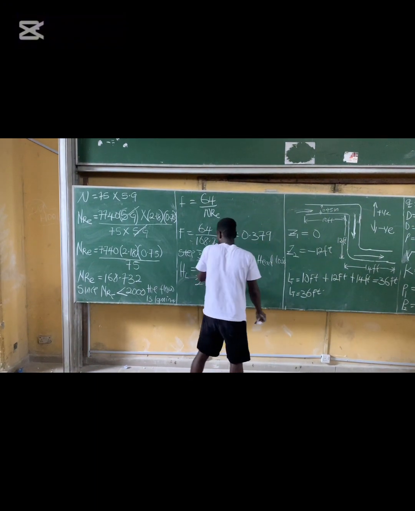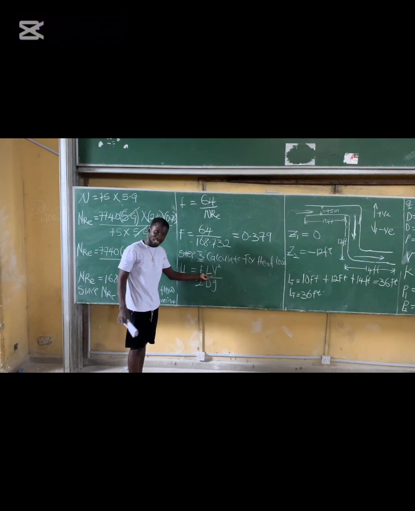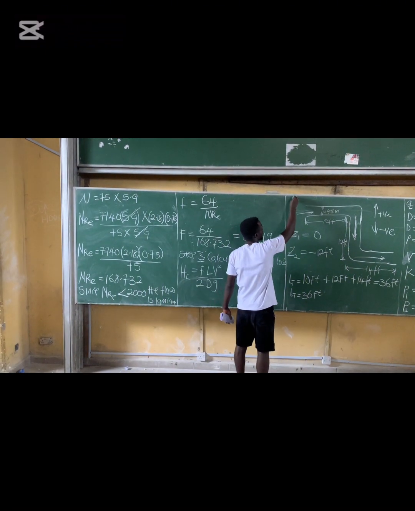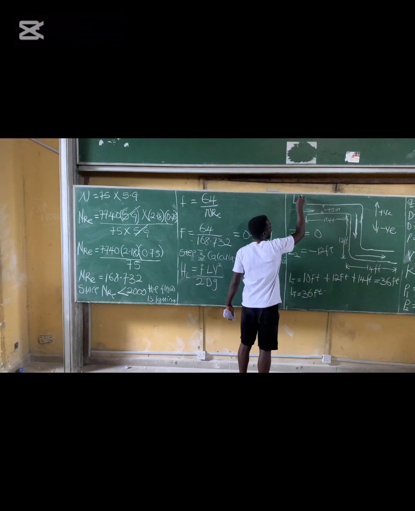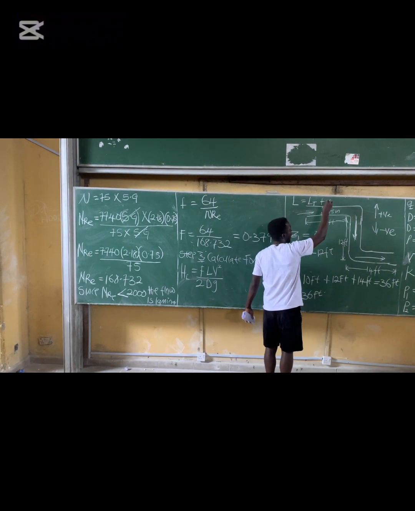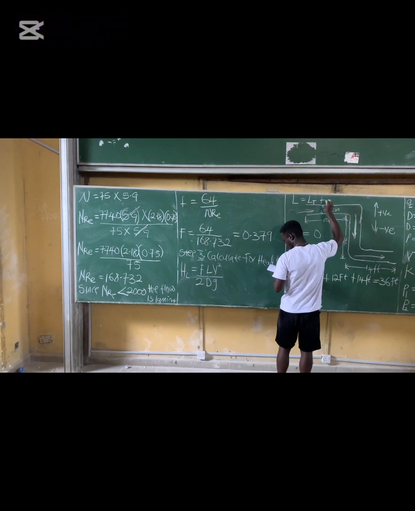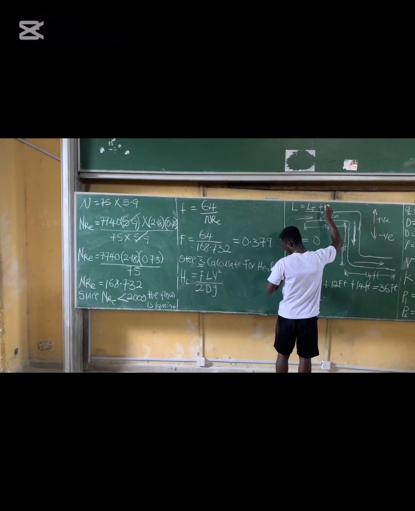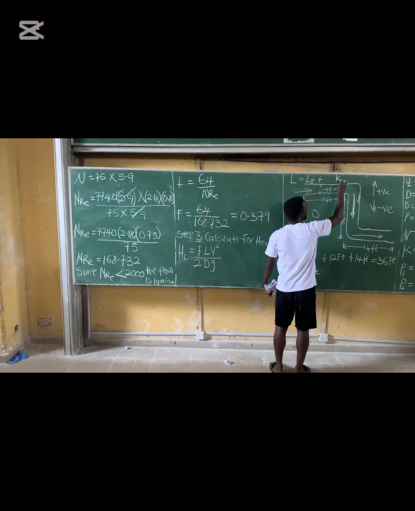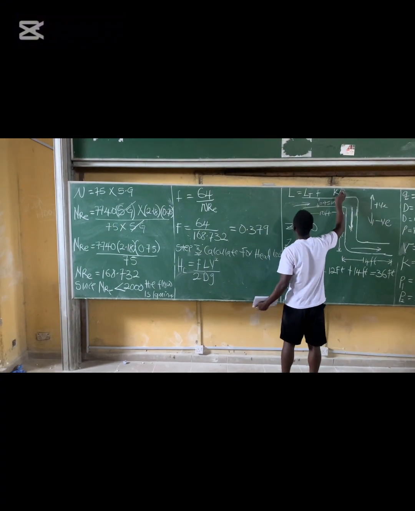Then, to get the length for this calculation, you can simply use this equation. The length of the pipe is equal to the total length plus the pipe roughness also.